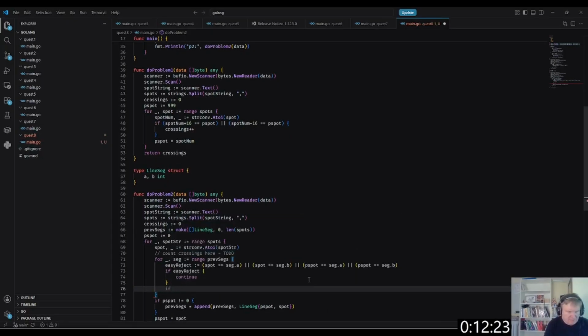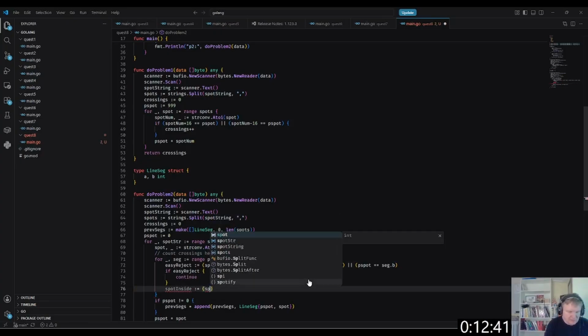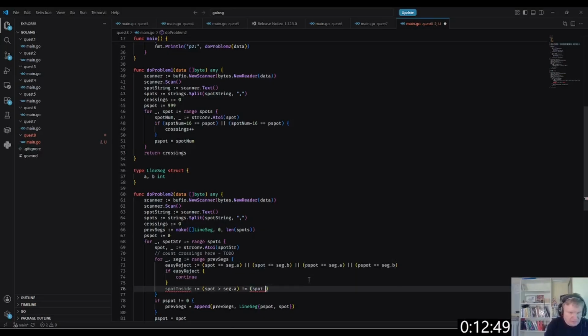Then if spot inside, okay, and then spot inside a not equal. Okay, so this means it is greater than exactly one of them here.